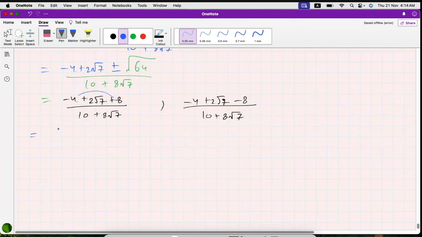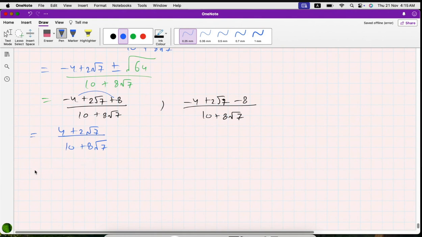Adding these two is 4 plus 2 square root 7 over 10 plus 8 square root 7. I was thinking about taking out common, but I realized that won't cancel it all, because the common factor in the denominator is just 2, so that would be 5 plus 4.